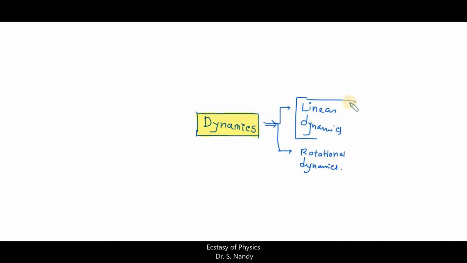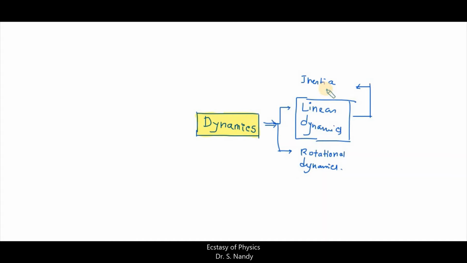Rotational dynamics we have to consider again under the unit 7 module, in a separate module. So here we consider only linear dynamics, and under linear dynamics we have started our discussion with inertia.